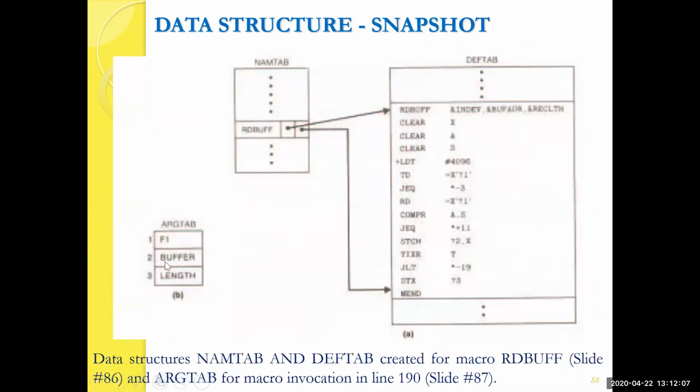So the argument table setup is shown here. The first argument is entered first, followed by buffer, followed by length. The first entry in the argument table is f1, which is to be replaced for the positional notation question mark 1. The second entry buffer would be replaced for question mark 2, and the third entry length would be replaced for question mark 3.